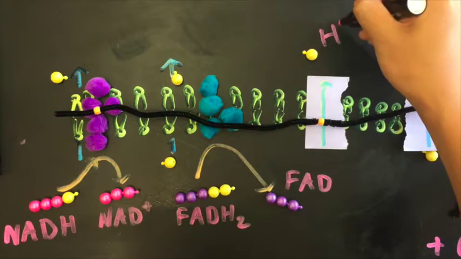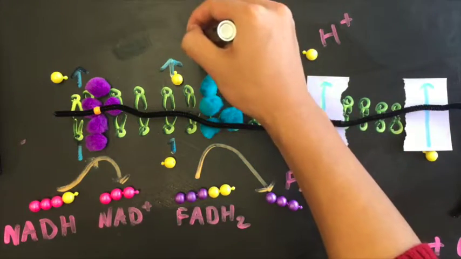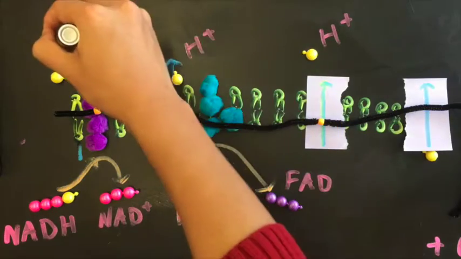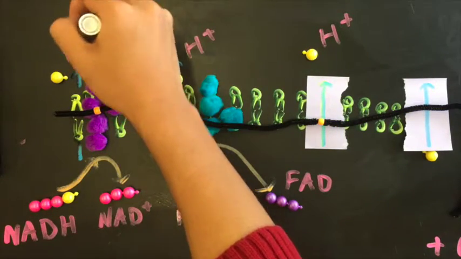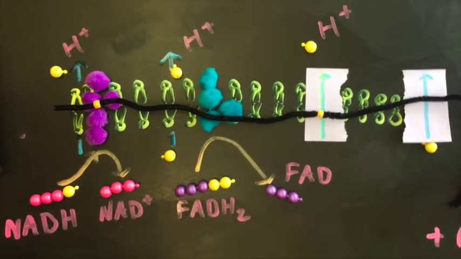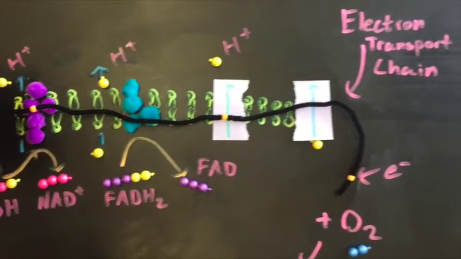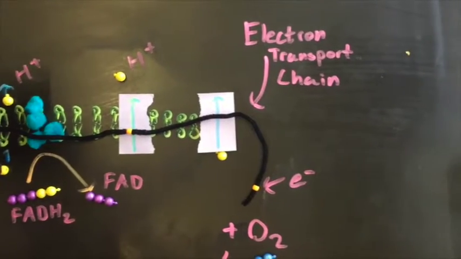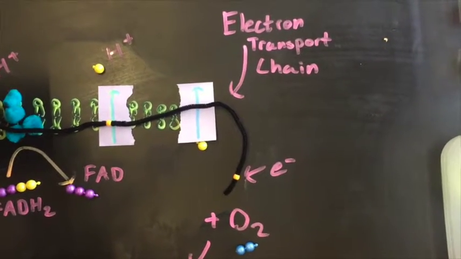NADH transfers its electrons directly to the first complex. However, FADH2 isn't as good at donating electrons. It gives its electrons to complex 2, which doesn't pump protons across the membrane like the first complex does. As electrons are passed down the chain, they move from higher energy levels to lower energy levels, and the released energy is used to pump H+ ions, or protons, out of the matrix.